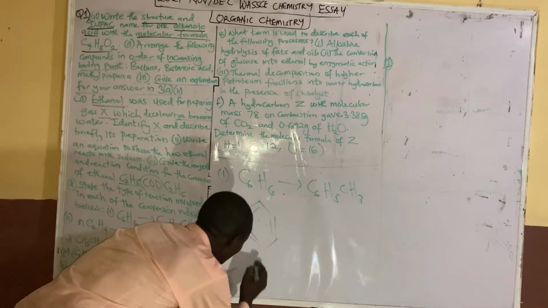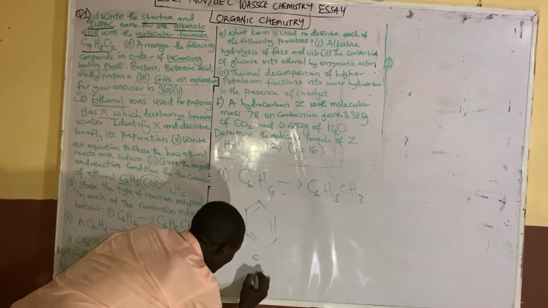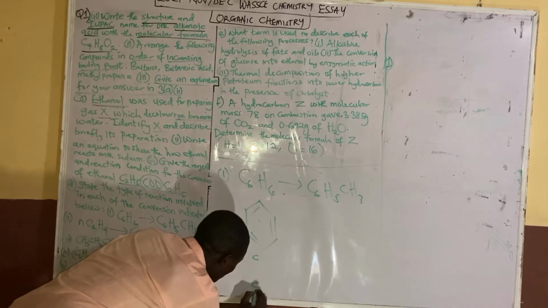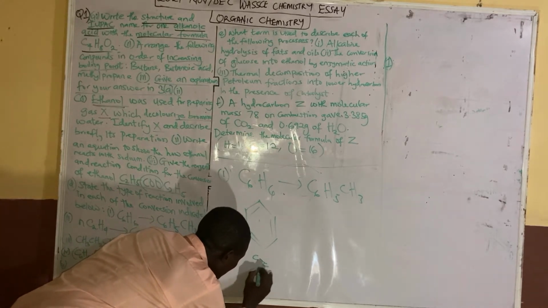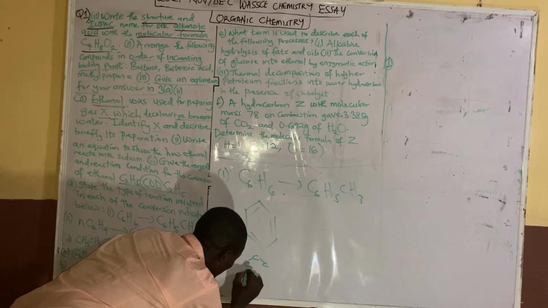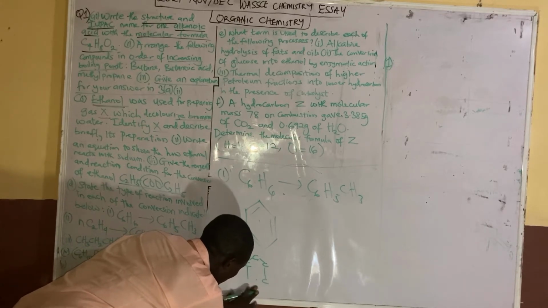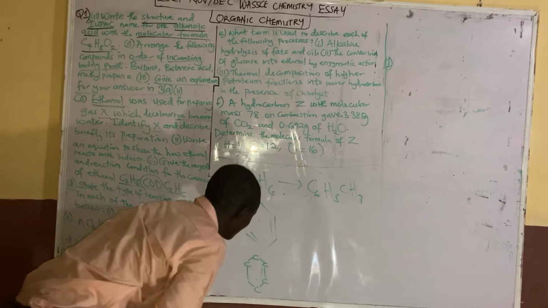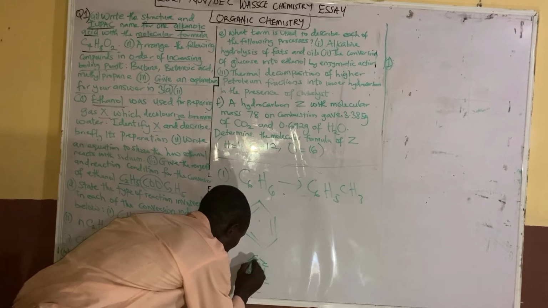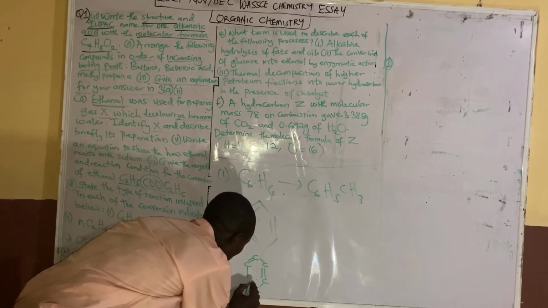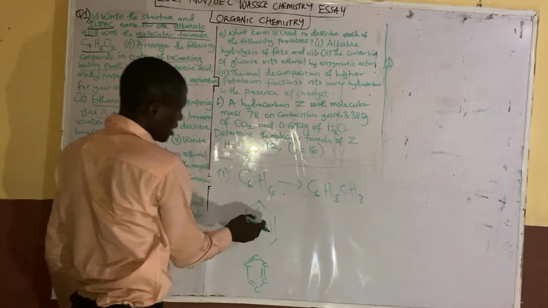So we have C here, we have C at the top, another C here, another C here, so that it can contain it very well. So this one is another C. So we have a double bond here, another double bond here. These are other ways you can write this one.